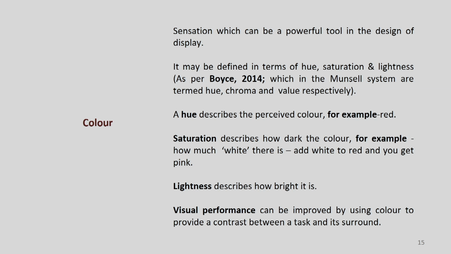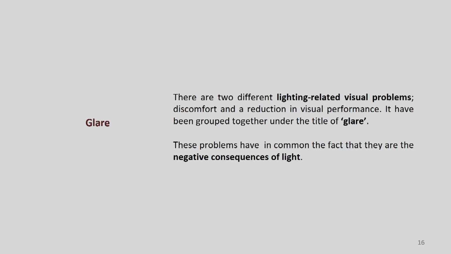Visual performance can be improved by using color to provide a contrast between a task and its surroundings. That is the way you take care of color in any particular design of the workplace environment. When we are considering all these things, a very important factor which has an impact on performance is glare.